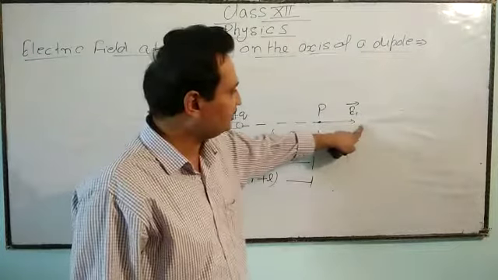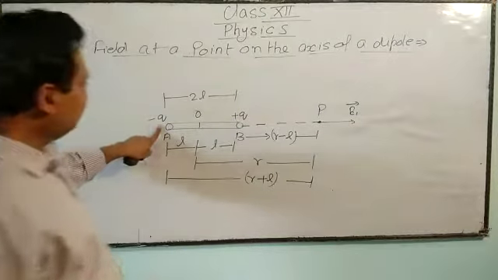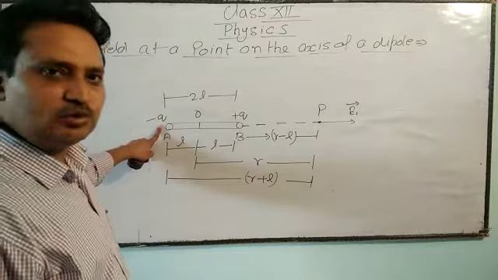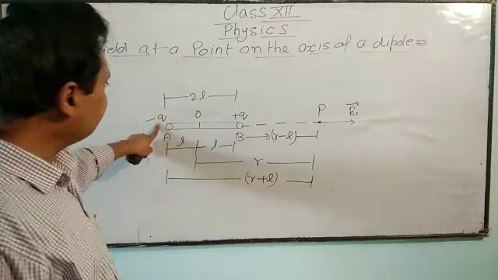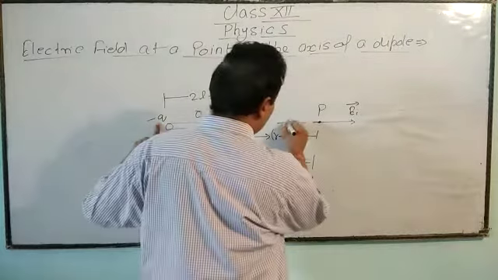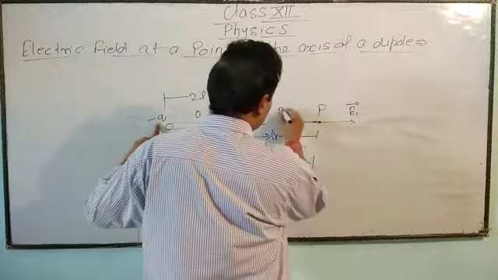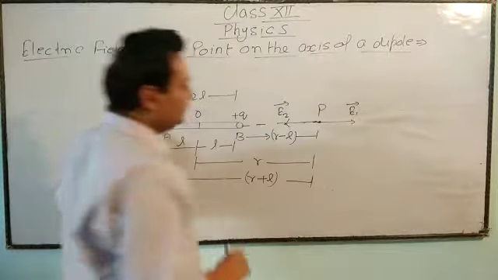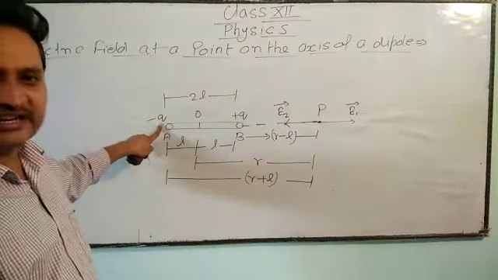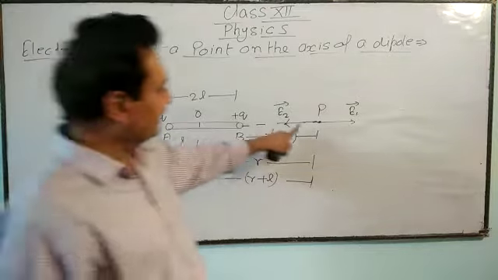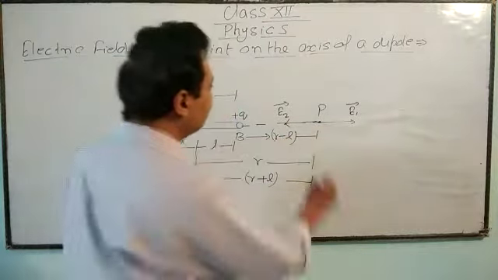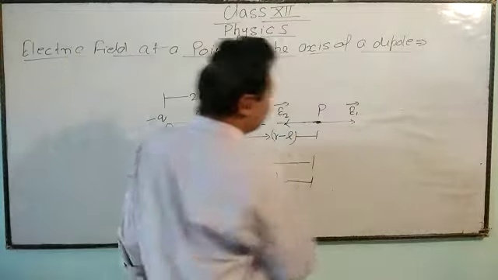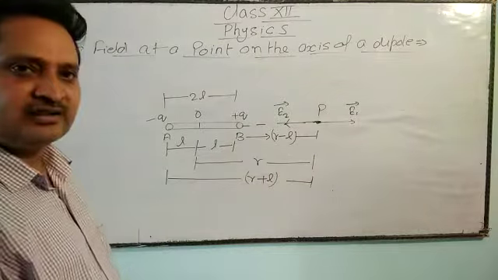So this is the direction of E1. E2 is the electric field due to the negative charge, so the direction of the electric field E2 is towards the negative charge. This is the direction of the electric field E1 and E2 at the point P.